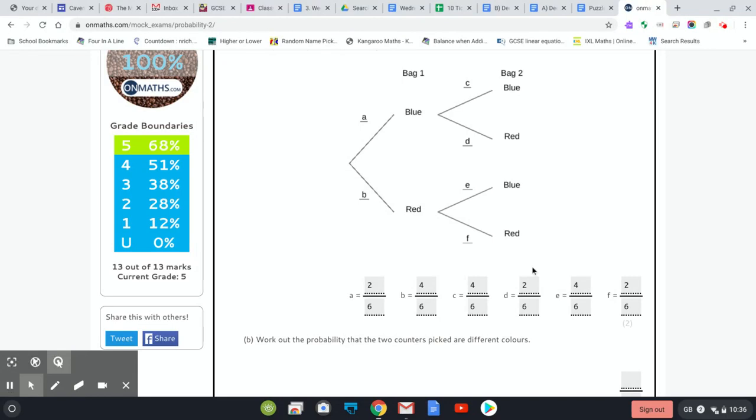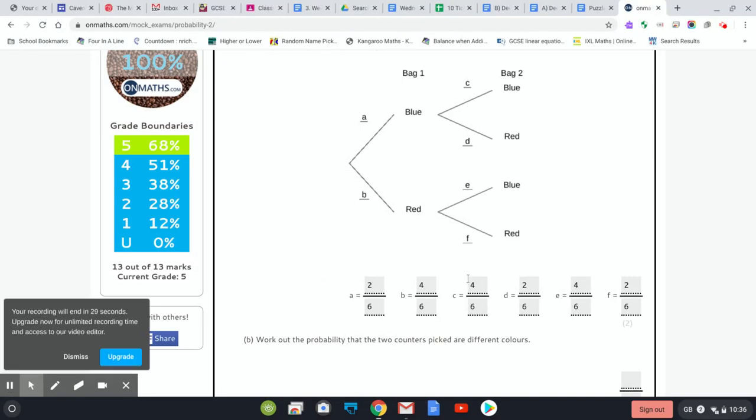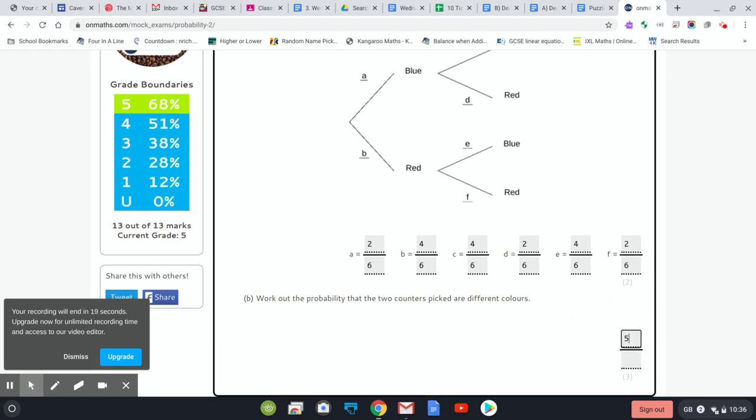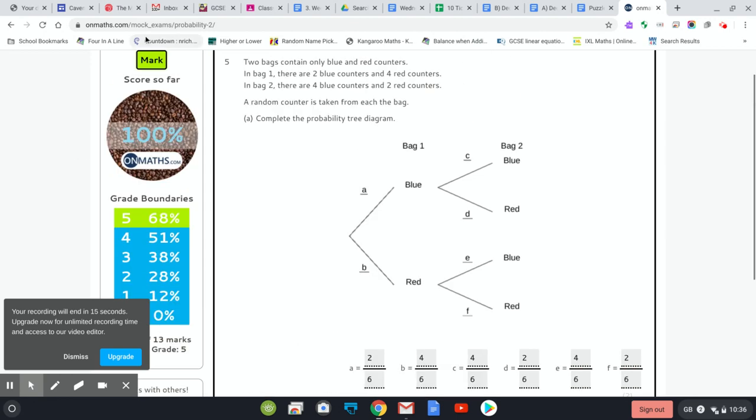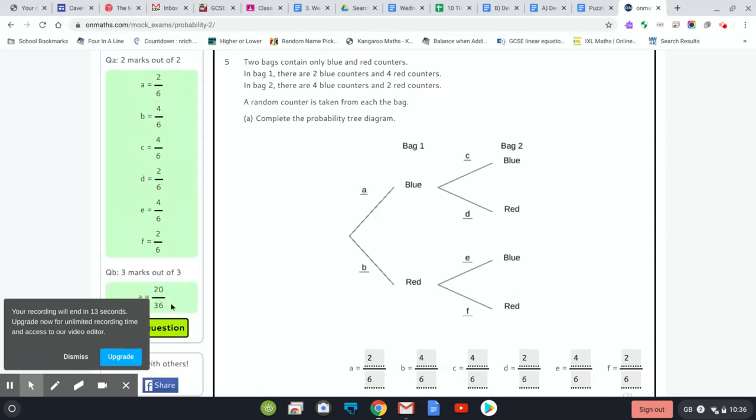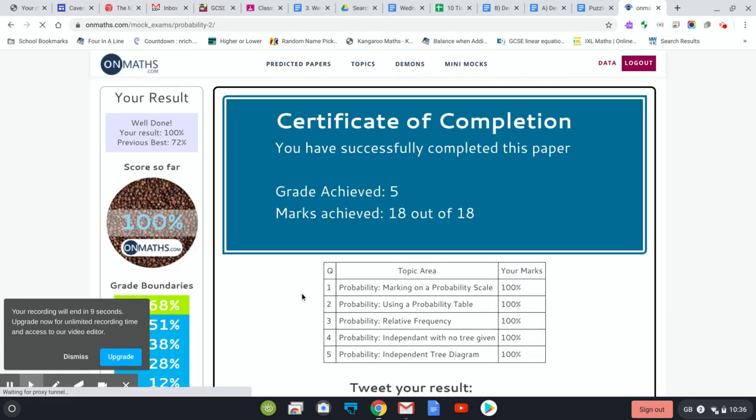Okay, so then the results of that would be 2 over 6 times 2 over 6 is 4 over 36, plus 4 over 6 times 4 over 6 is 16 over 36. Becomes 20 out of 36, which is the same as 5 out of 9. Should work out. Okay. And that is all of them.